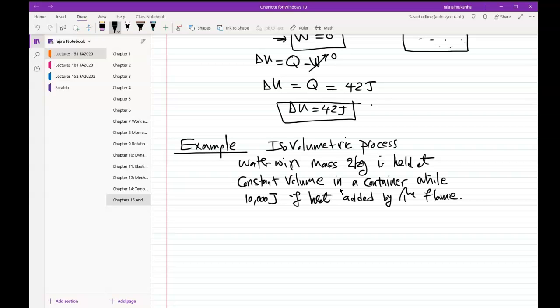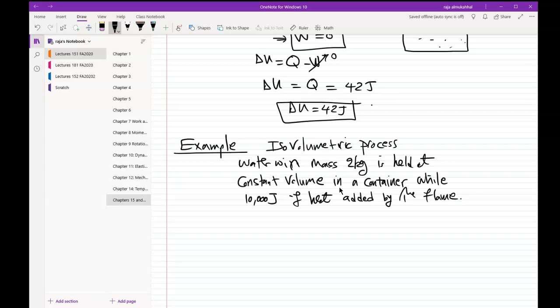So you have a cooker, you put water in there, you want to boil it for whatever reason. You close it completely, you seal it, you put it on the stove, and now 10,000 joules of heat has been added there. Okay, so it's heated up. Of course, we're not allowing the pressure cooker, the pot, to expand, you know what I mean? So all that pressure buildup, temperature buildup in there. This is basically what the isovolumetric process is. Okay.